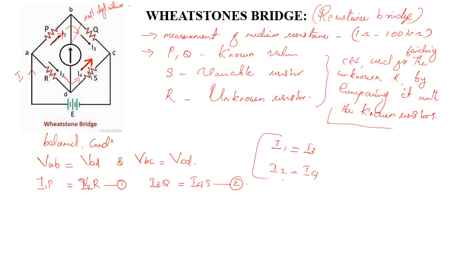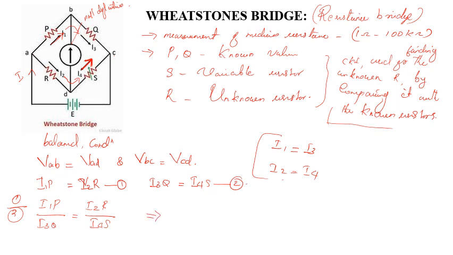Okay. So when I divide equation number 1 by equation number 2, then I can write I1P divided by I3Q, which is equal to I2R divided by I4S. So when I put the substitutions for I1 as I3 and I2 as I4, I am considering I1 instead of I3.